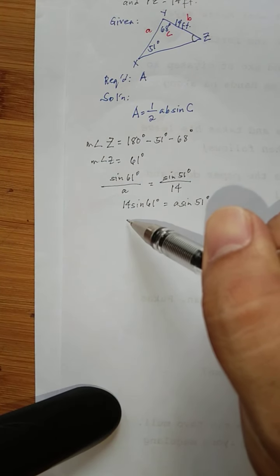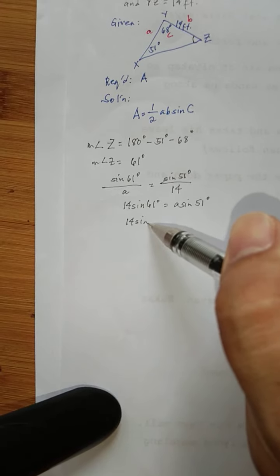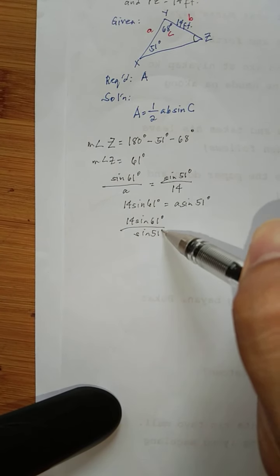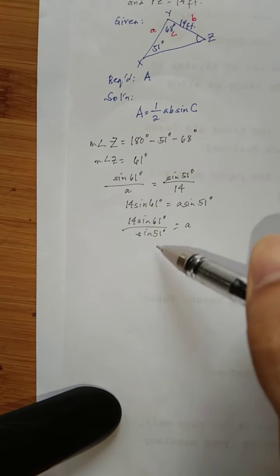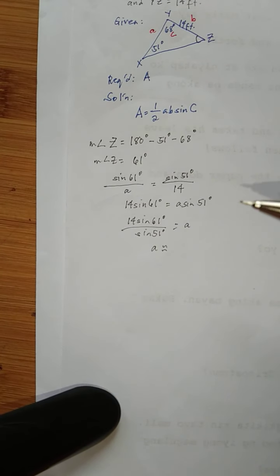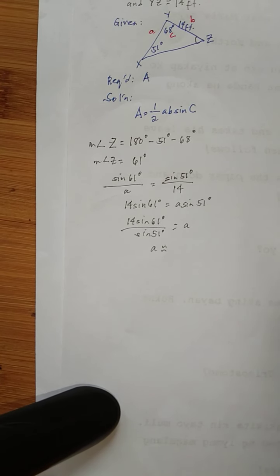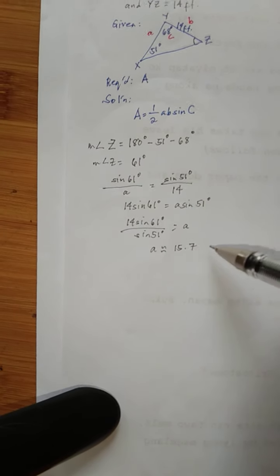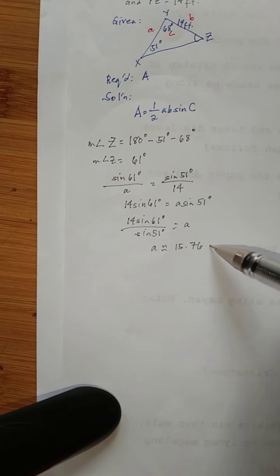Solving for a, you will have 14 sine 61 degrees divided by sine 51 degrees is equivalent to a. So a, therefore, is approximately 15.76 feet.